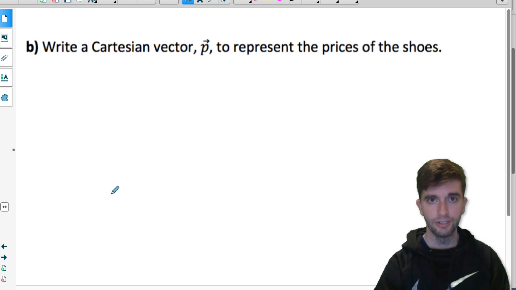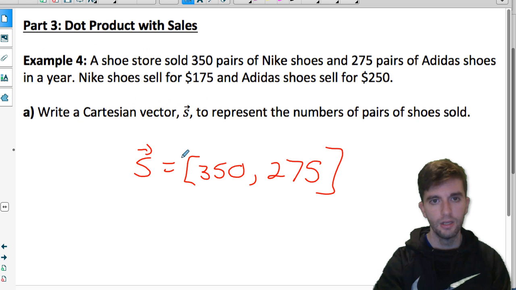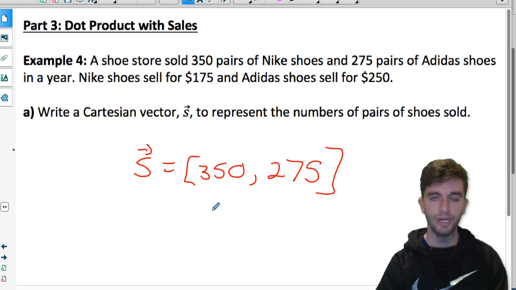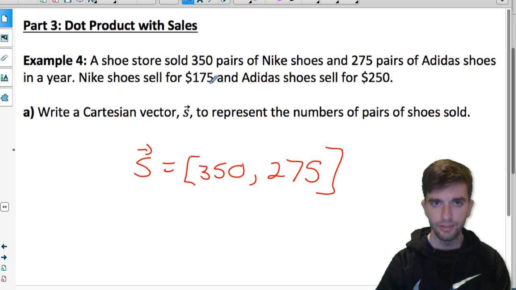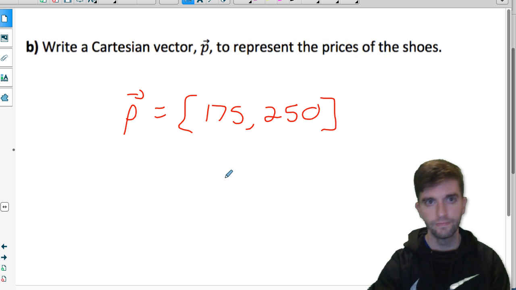Part B says write a Cartesian vector, vector P, to represent the prices of the shoes. Since when I did my number of shoes sold, I did Nike first and then Adidas second, I should follow the same pattern when writing the price vector. The Nike shoes were 175, the Adidas shoes were 250. So the price vector would be 175, comma, 250.